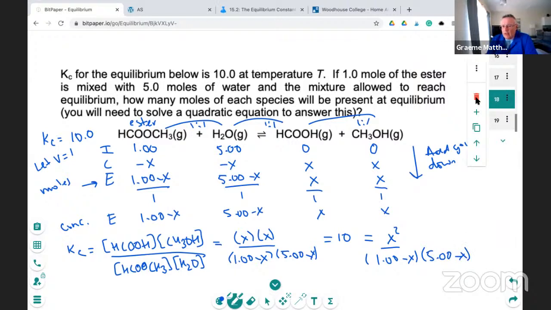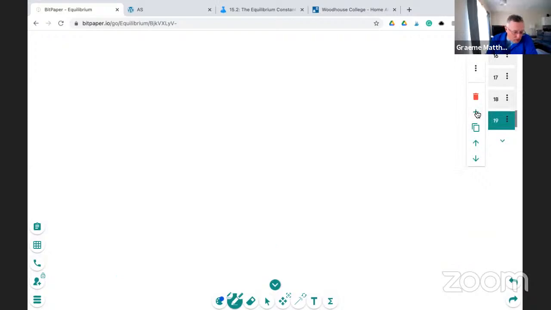So chemists, if your exam board requires you to do this one, then by all means you need to crunch through these, because these are going to be the most difficult ones you could possibly do with quadratic equations. If you check your spec and find out that AQA, for example, don't require the quadratic to be used anymore, well then, good one, you don't have to worry about it. So anyway, here we are.